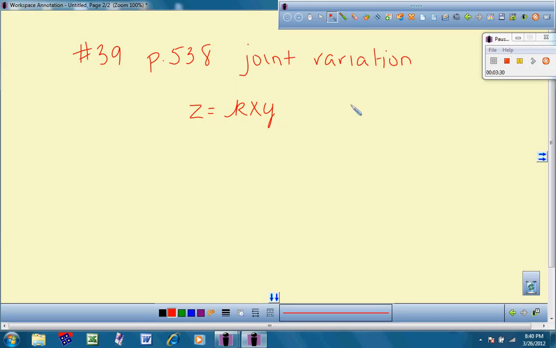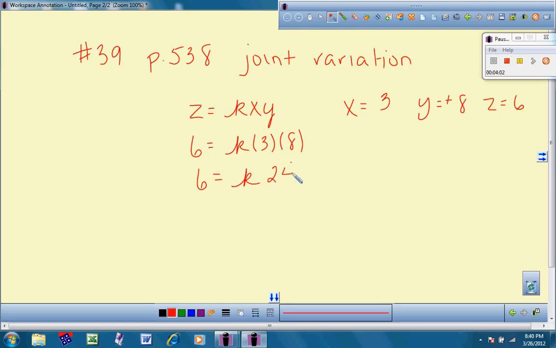Our given values are going to be x is equal to 3, y is equal to 8, z equals 6. Alright, so fill in everything we know. Replace z with 6. K we need to find. X is 3, y is 8. 6 is equal to k times 24.